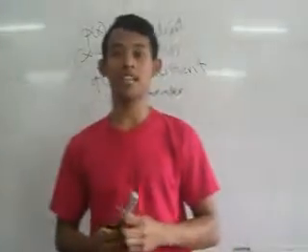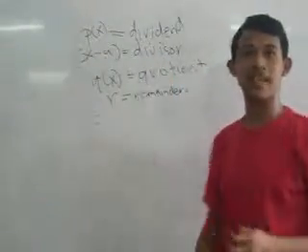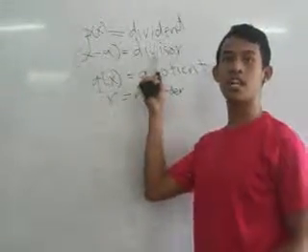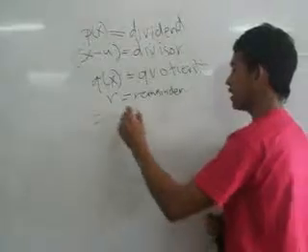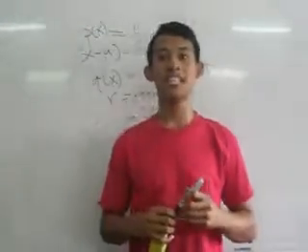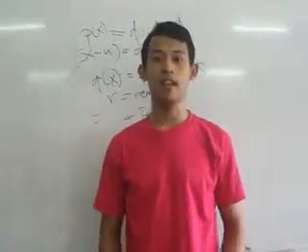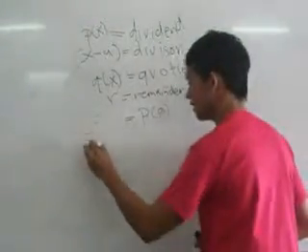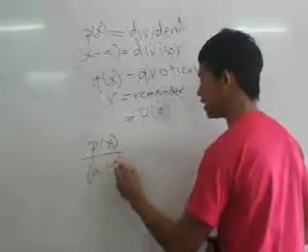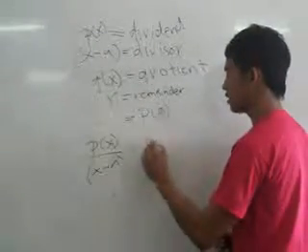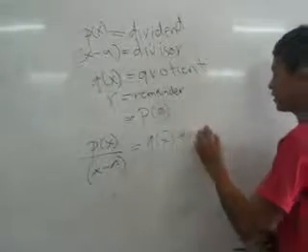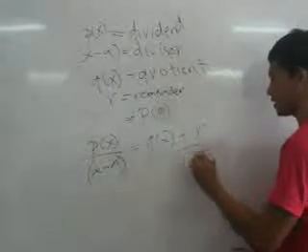Now, when P of x as dividend is divided by x minus a, which is the divisor, it will be equal to P of a. But to see that this is not just happened by chance, by using P of x, let's have P of x divided by x minus a, which is the divisor, is equal to Q of x, the quotient, plus the remainder over x minus a.